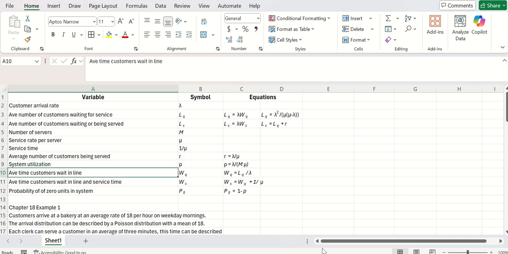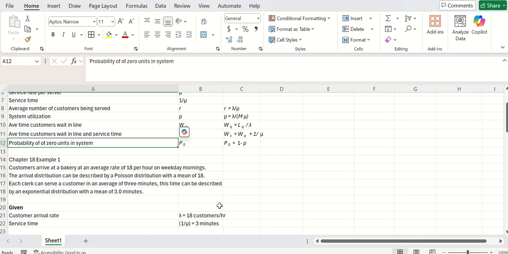Next one is the average time that each customer waits in line, and the average time that the customer waits inside of the entire bake shop, if you will. That's the amount of time that they're waiting in line and the time that they're being served. And then finally, what's the probability that you're going to have no customers in the system at all?